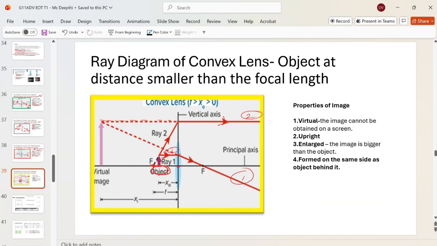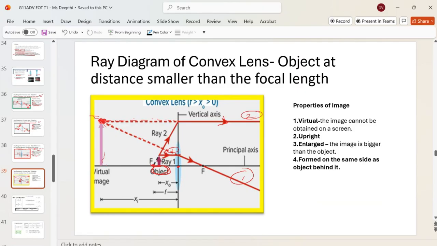Keep the ruler on the second ray and draw straight, and keep the ruler on the first ray and draw straight. So they will meet at a point here. Look at that, the dotted lines meet at a point and you get a very big image of the object.